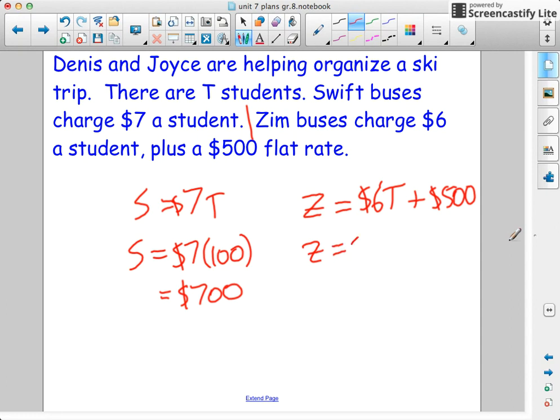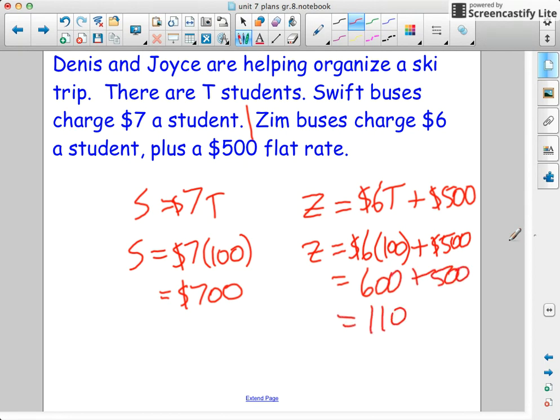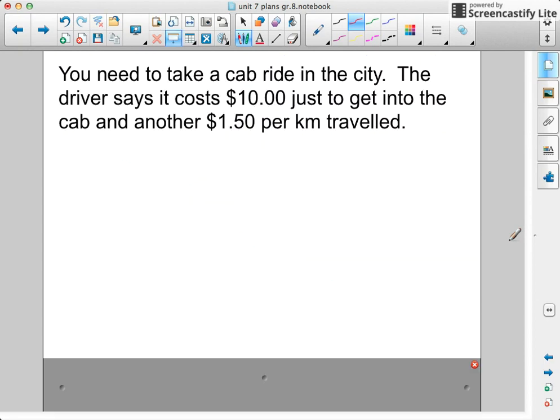The Zim buses would be 6 times 100 plus $500. So this would be 600 plus 500, which is $1,100. So clearly the Swift buses is cheaper in this case. Now, the more and more students you have, the more likely that the Zim buses is going to become a better deal, but not with that many students.